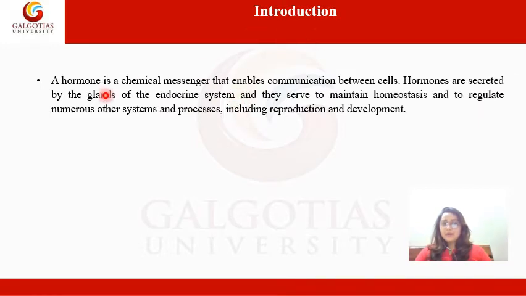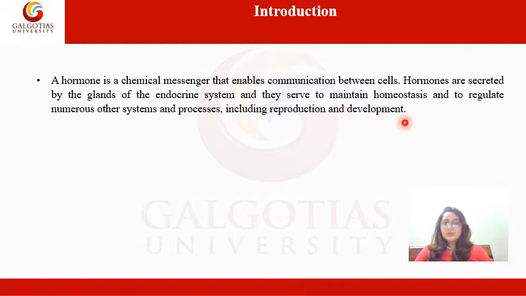Introducing the topic, what is a hormone? A hormone is a chemical messenger that enables communication between cells. Hormones are secreted by the glands of the endocrine system and they serve to maintain homeostasis and to regulate numerous other systems and processes, including reproduction and development.